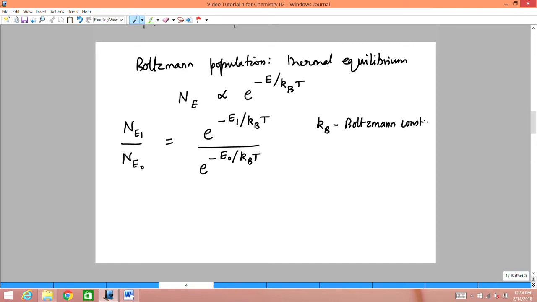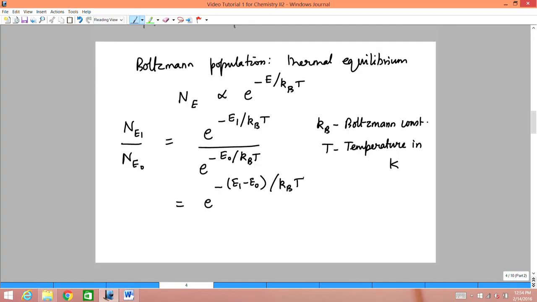It's a fundamental constant, and T is the temperature in Kelvin. Therefore, the answer is exponential minus (E1 minus E0) by kBT.